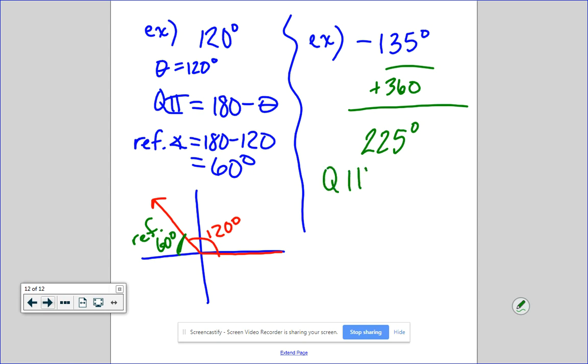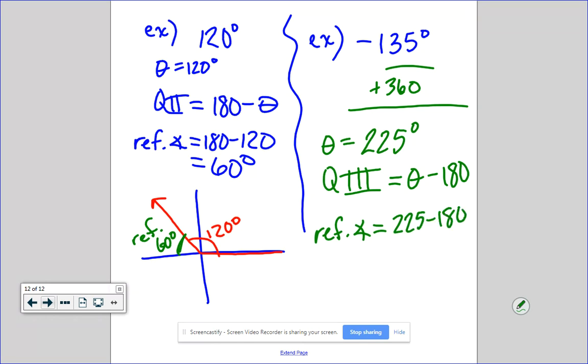So the formula in quadrant 3 is theta minus 180. So theta in this case is 225. That's my value between 0 and 360. Plug in. My reference angle is 225 minus 180, or 45 degrees.